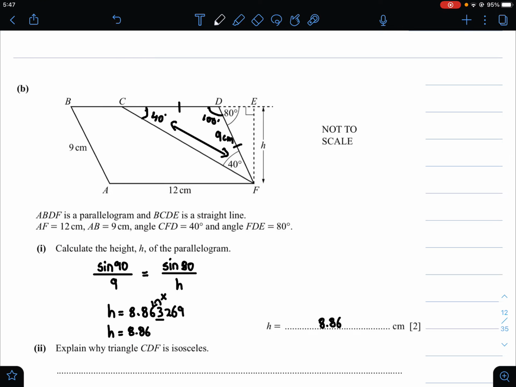So we know that BD is 12 centimeters. Now, to find BC, we need to find CD as well.